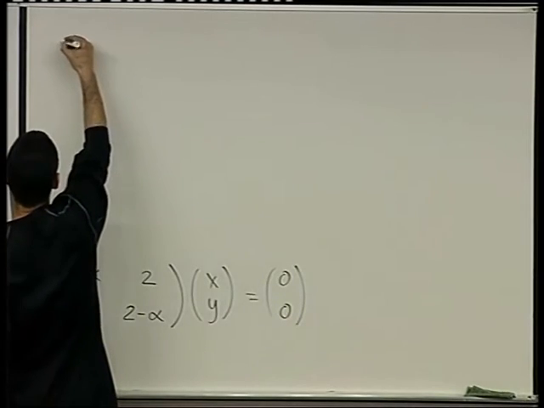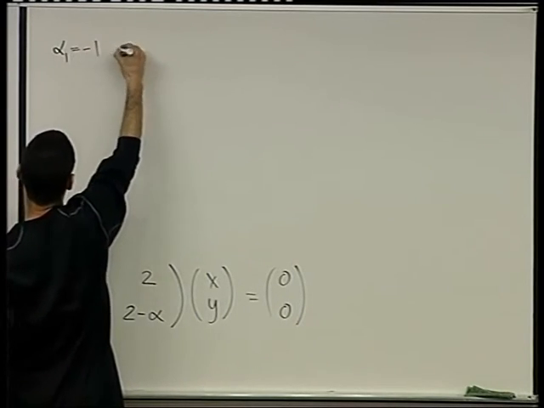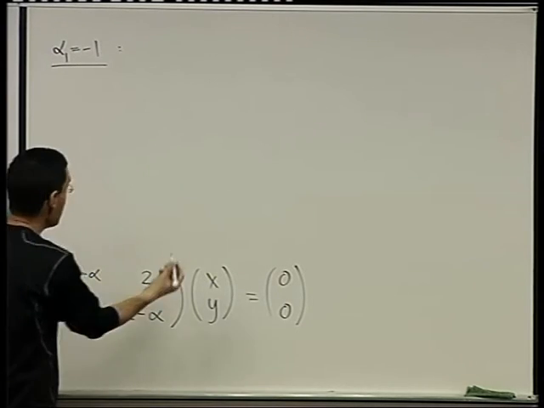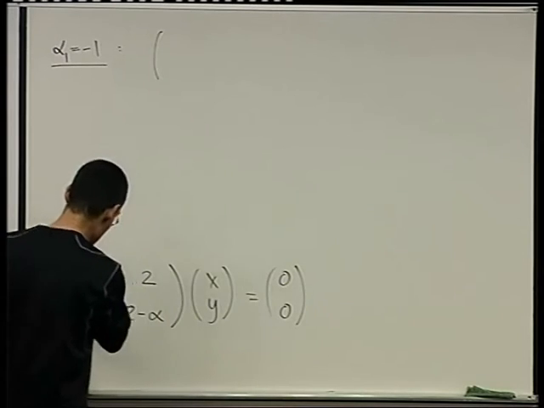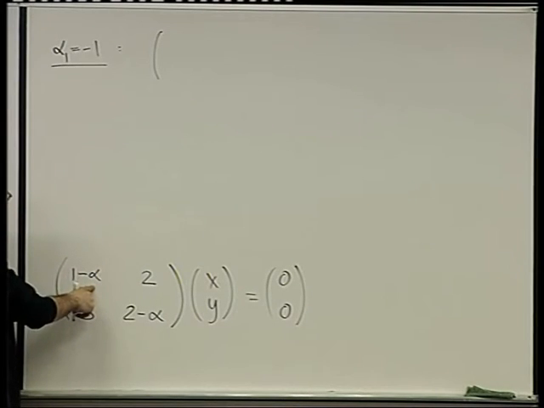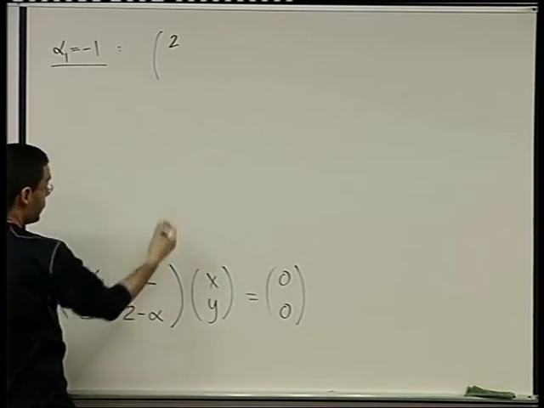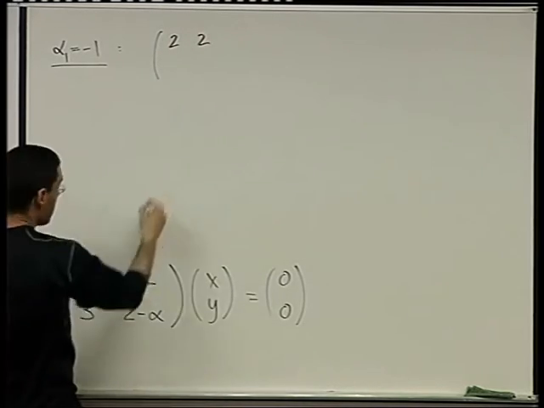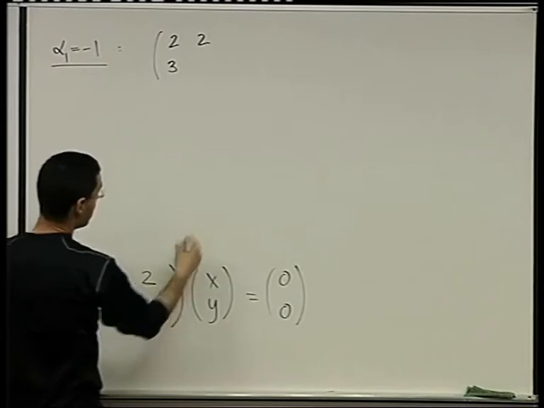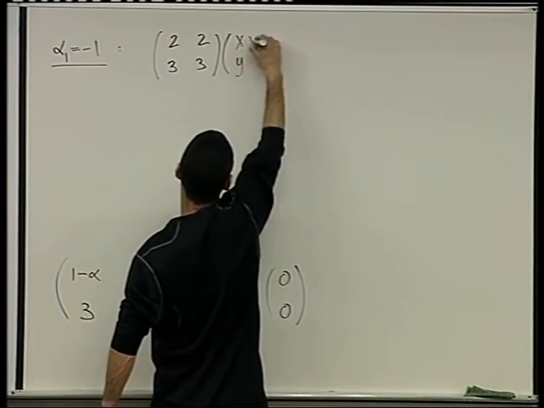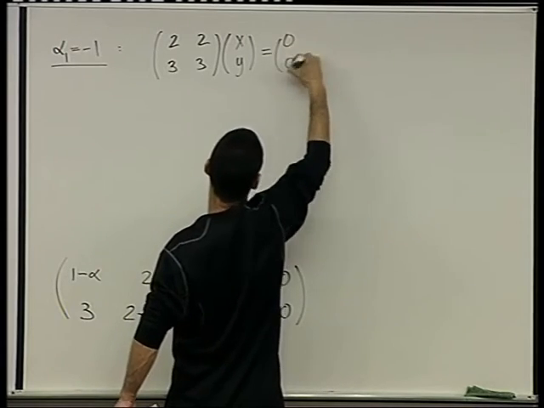So for alpha 1, which was negative 1, let's see what we get. I'm going to plug it here. I'm going to get the system 1 minus negative 1, 2, 3, 2 minus negative 1, times x, y, equals 0. That's the system I want to solve.